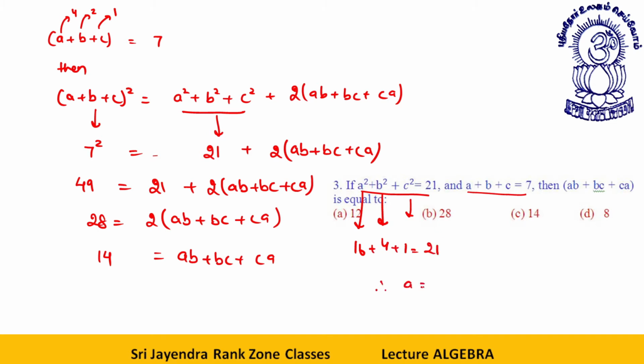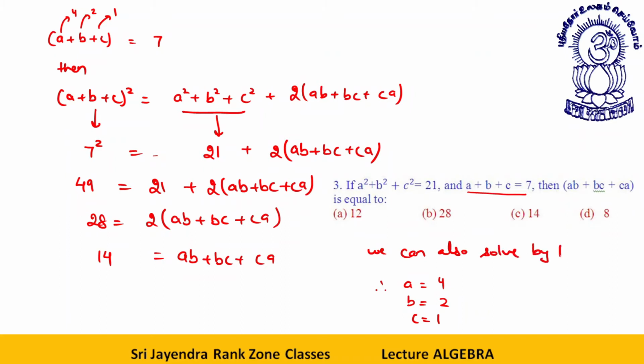Therefore, a is equal to 4, b is equal to 2, c is equal to 1 also satisfies these values. We can also solve by putting values. Okay, dear students, let's take the next one.